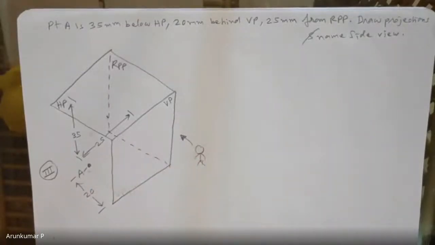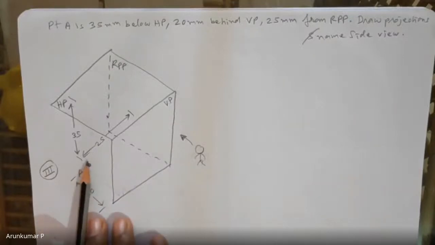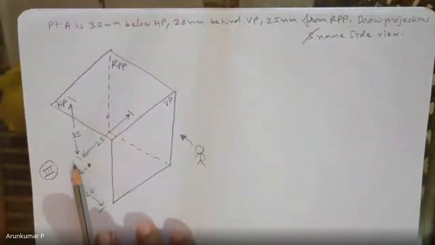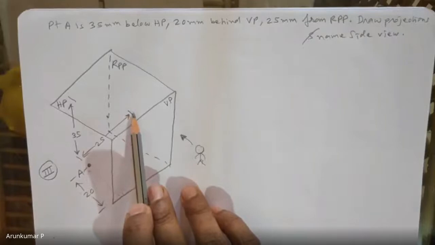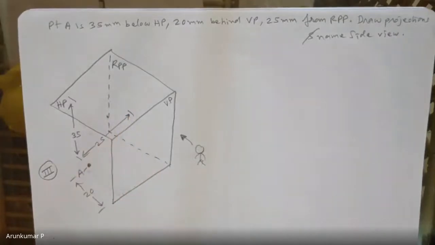So A is 20 mm behind, 35 mm below HP and 25 mm from RPP. We have the point A here.